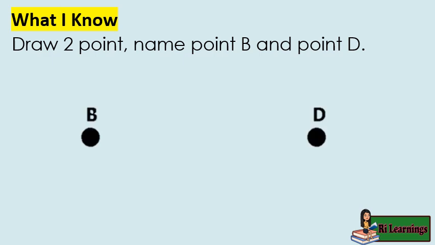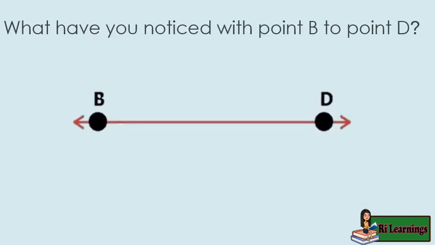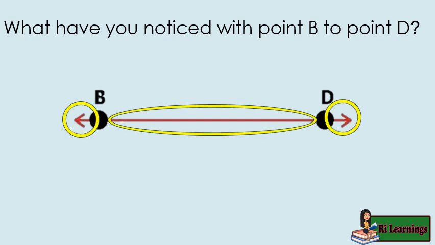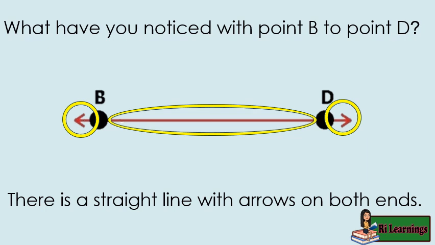Draw 2 points, named point B and point D. What have you noticed with point B to point D? There is a straight line with arrows on both ends.